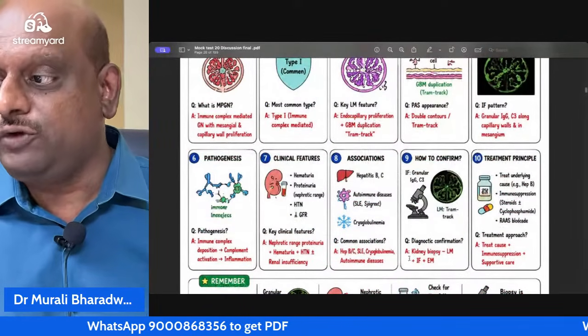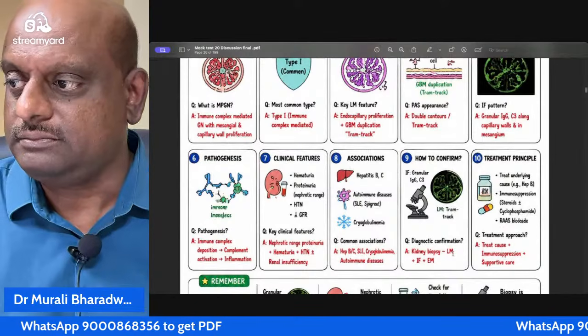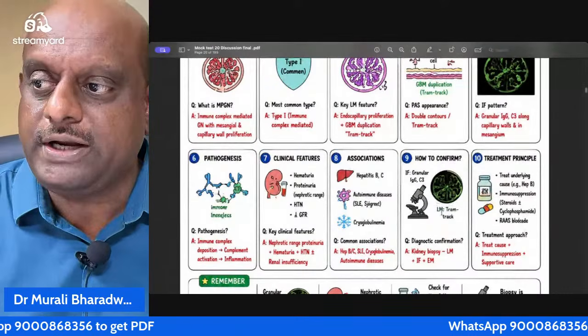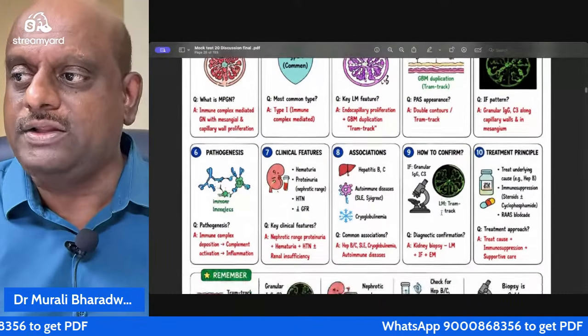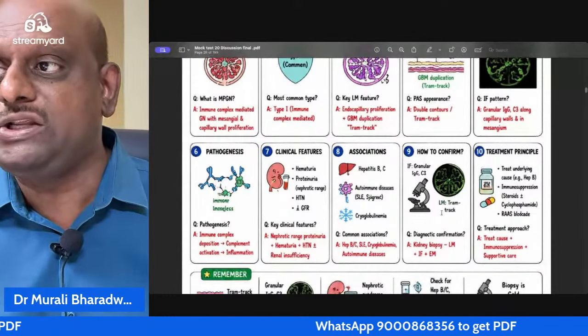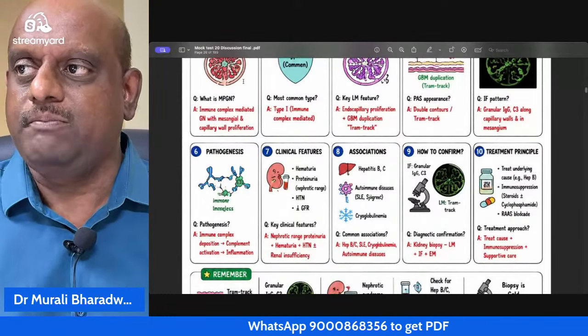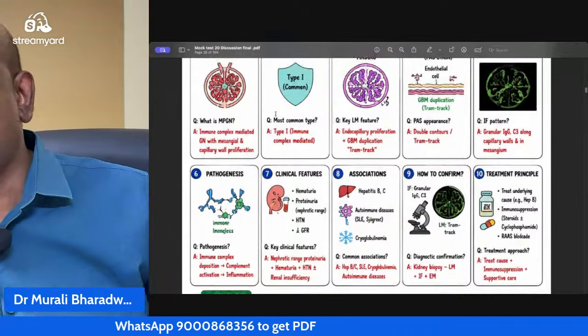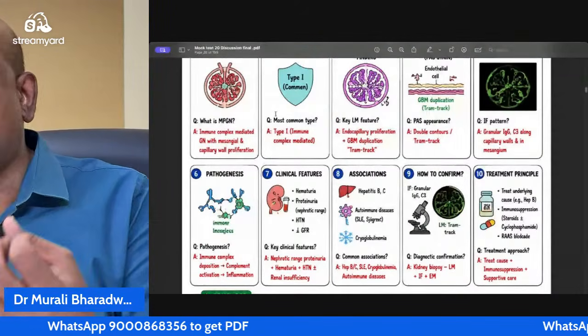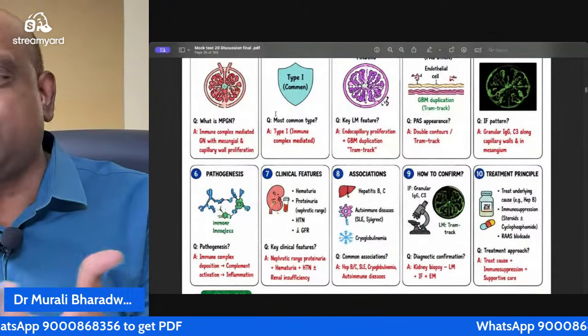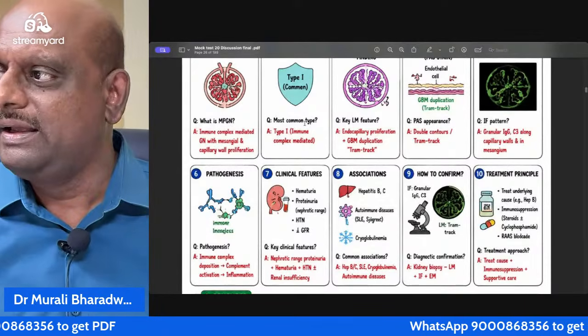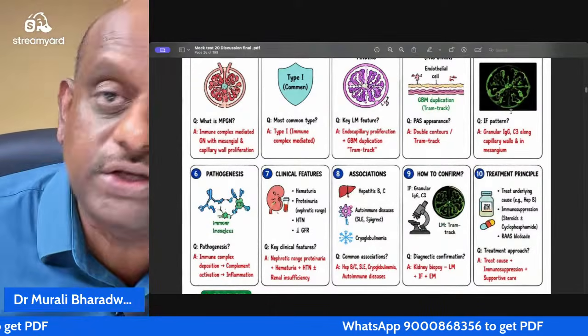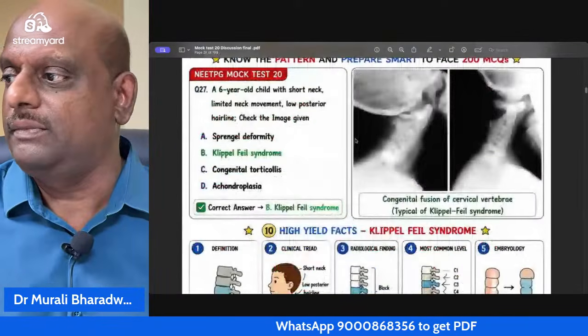Right? If you do a kidney biopsy, you can appreciate the tram track appearance in MPGN. Between type 1 and type 2, type 1 is most common. There is endocapillary proliferation plus GBM duplication giving rise to the tram track appearance, which is a very classical feature of MPGN.